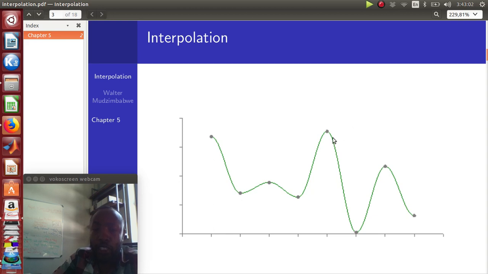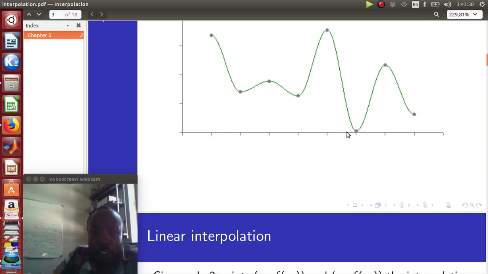You can always find derivatives, for example. You can differentiate a polynomial as many times as you want, which is why we want polynomials. We're going to be looking at how we find these different polynomials, and the implication on interpolation.